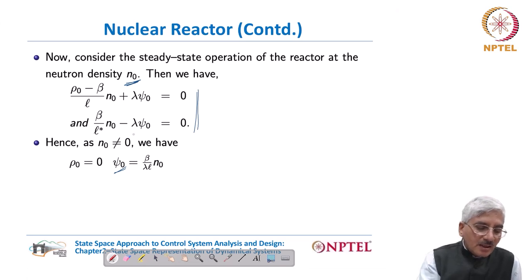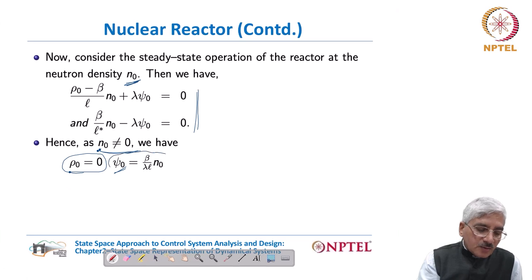Because n0 is not 0, neutron density is larger than 0, only then is the reactor operating meaningfully. So at that time rho 0 is 0. This is the condition for steady state operation.